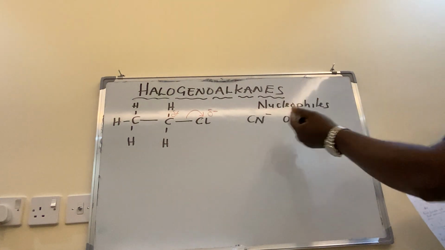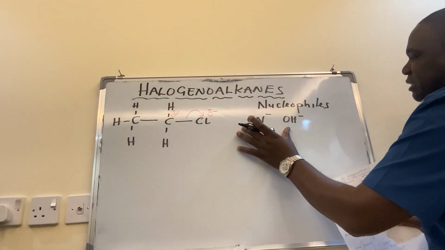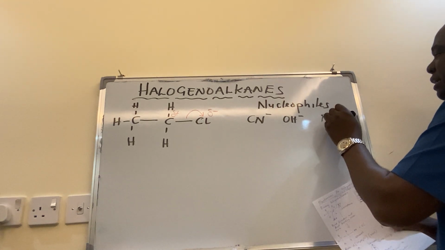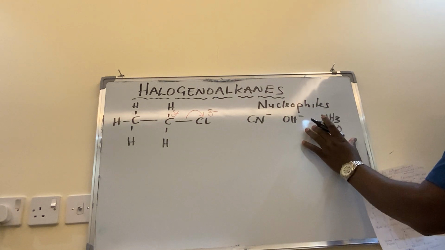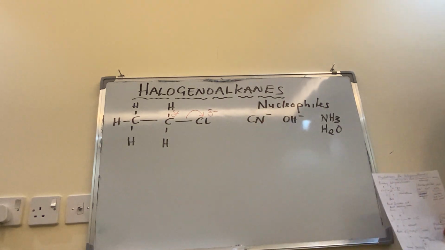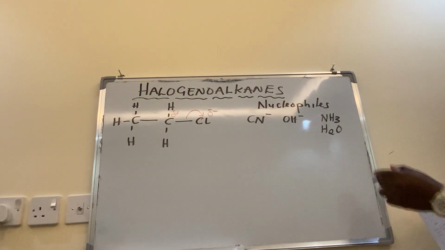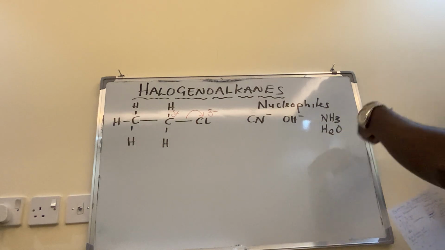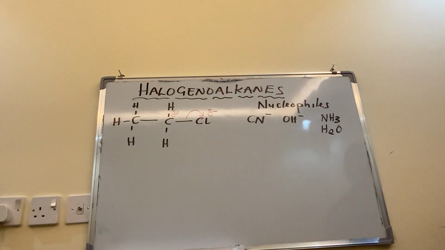That's why they are called nucleophiles. So there are two types: either they can be charged, or you can have neutral molecules such as ammonia or H2O. What makes these special is the fact that they possess non-bonding electrons, and as such, they can use the non-bonding electrons to attack positively charged carbon centres or carbocation ions, okay?